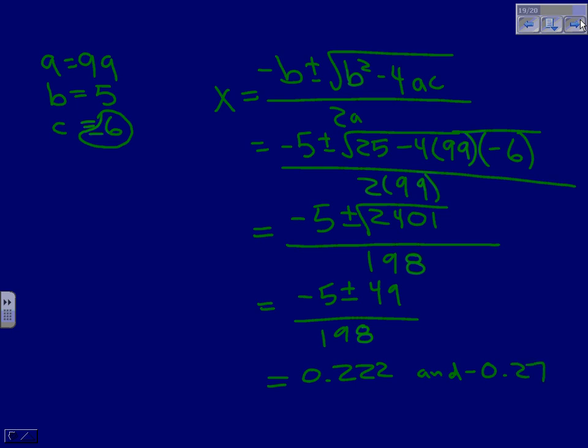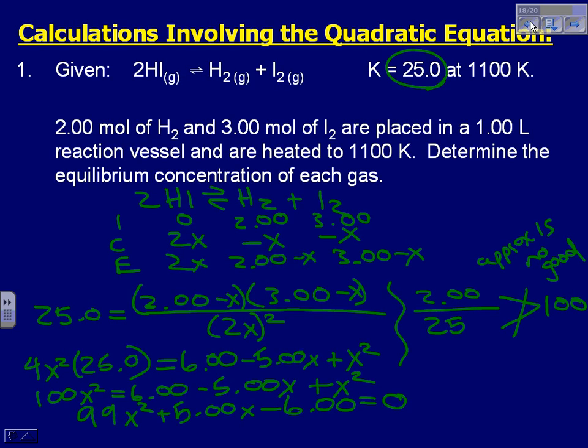Now, putting it back into the equation, that negative root is going to get us absurd numbers for the final concentrations, right? So if we go back and take a look at our final equilibrium concentrations, for H2, I stick a negative in there, and I'm going to get a negative concentration for HI. You will always have one of the concentrations give you absurd negative concentrations. It may not be a negative number.